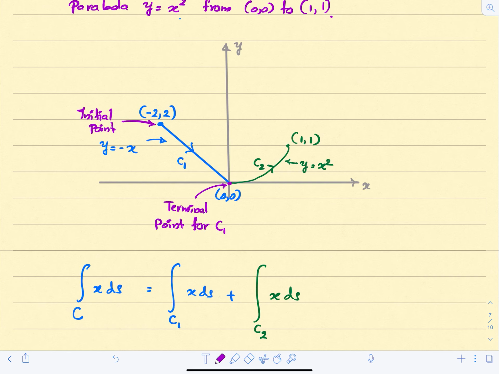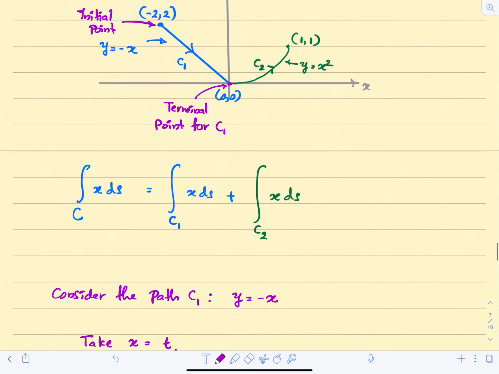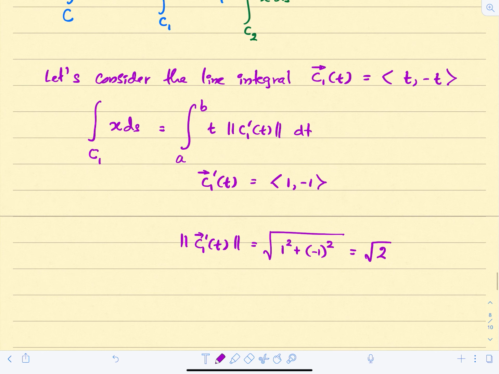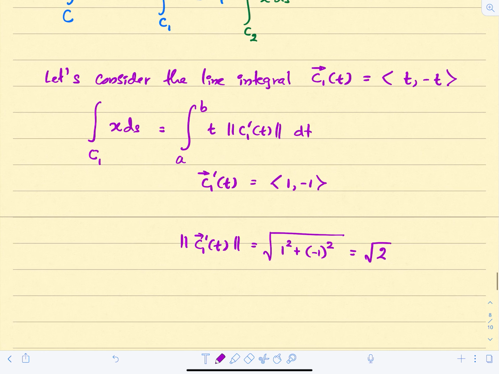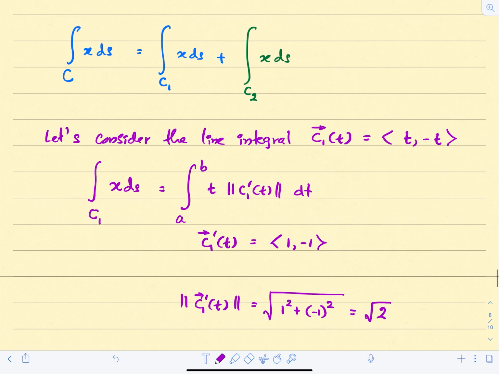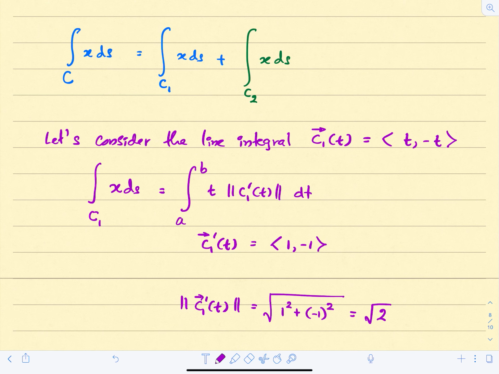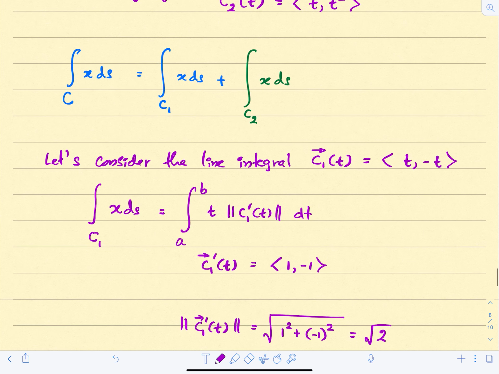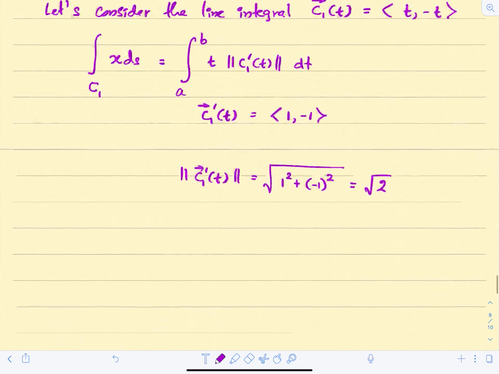Now to get the initial coordinate negative 2 comma 2, t should be negative 2 because the x coordinate should be negative 2 and the y coordinate should be positive 2.